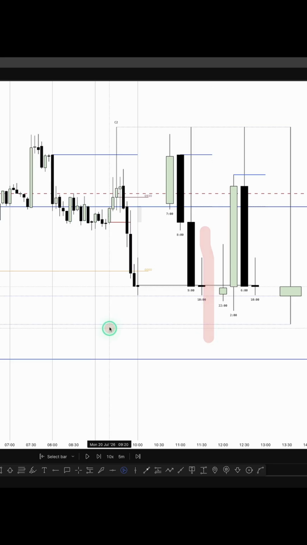In this case, it is this. Now, I always want the candle to go high first and then go low and give me an intraday change in state of delivery.